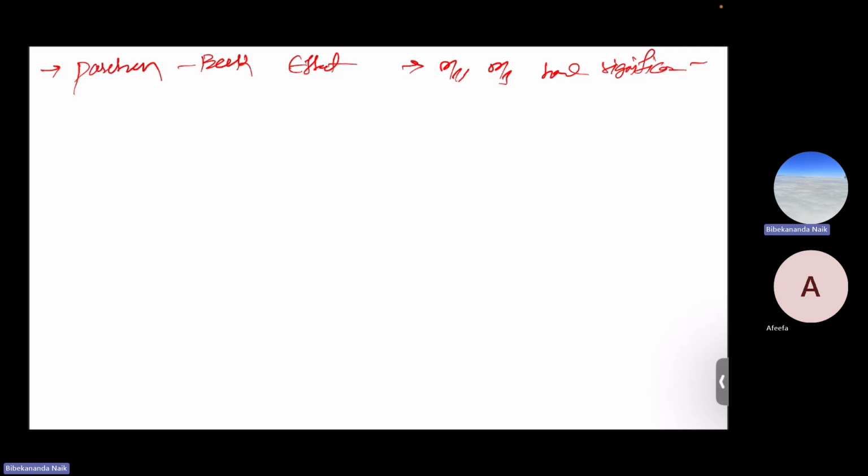We also solved a few problems based on those concepts. Also there was another concept related to the Landé g factor.